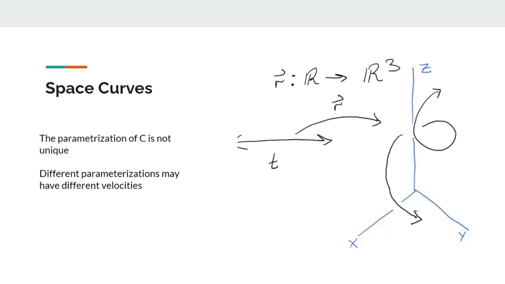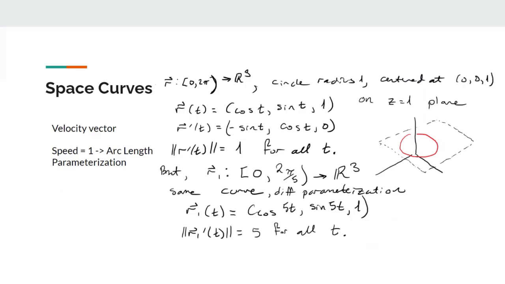So we can have a picture right here. r maps from an interval t to a space curve. And these parameterizations are not unique. We can have different speeds, different velocities, and so on. So I gave an example.